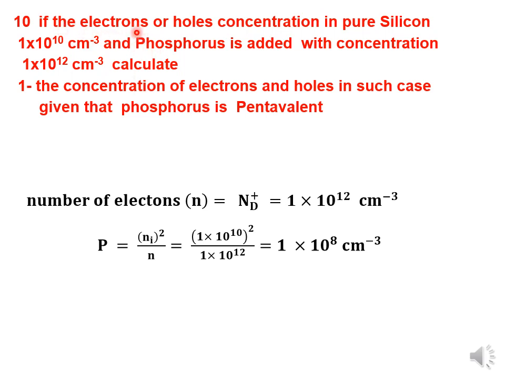If electrons or holes concentration in pure semiconductor is 1 times 10 to the power 10، اللي هي دي 1 times 10 to the power 10 square divided by the concentration of free electrons، اللي هي 1 times 10 to the power 12، يبقى concentration of holes equal 1 times 10 to the power 8 per centimeter cube.